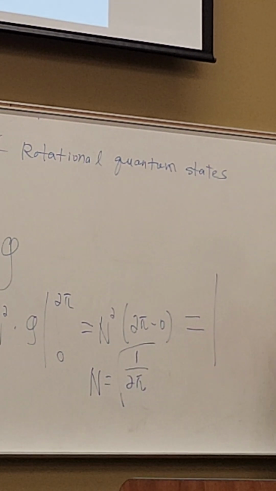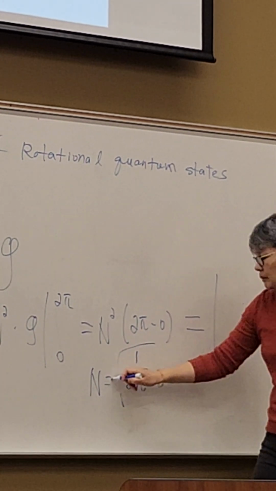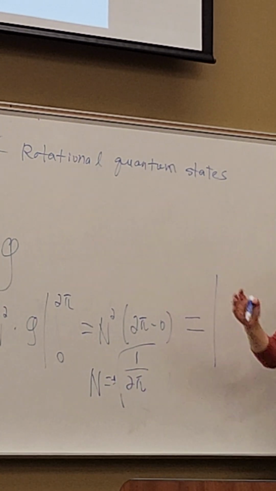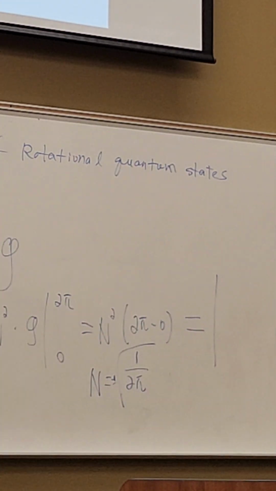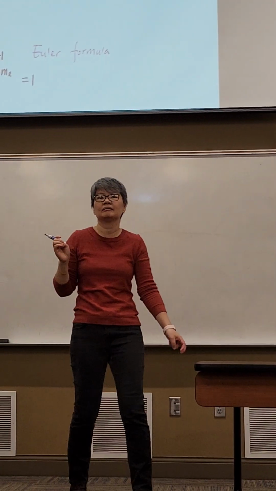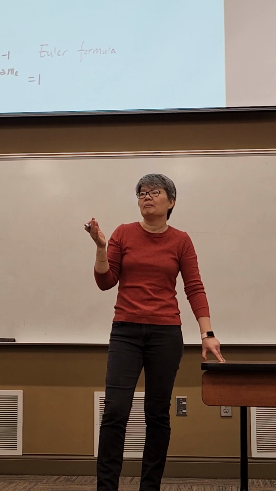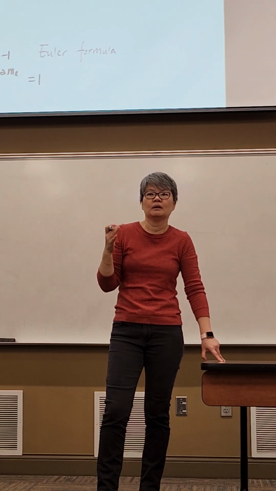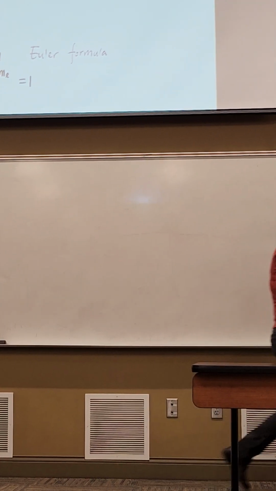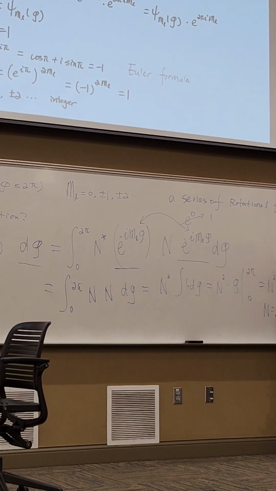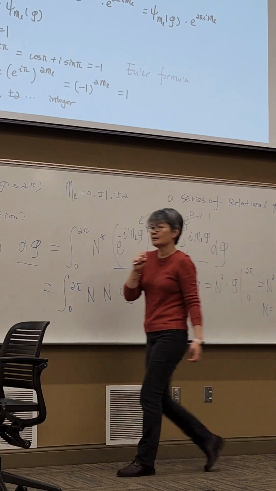Now, mathematically, you would add plus or minus. But do you think an amplitude with a plus or minus makes any difference in quantum mechanics? No, because we don't care about the amplitude. We care about the square modulus, in which the plus or minus cancels. It doesn't matter, they are exactly the same. So therefore, we will only take the positive value.